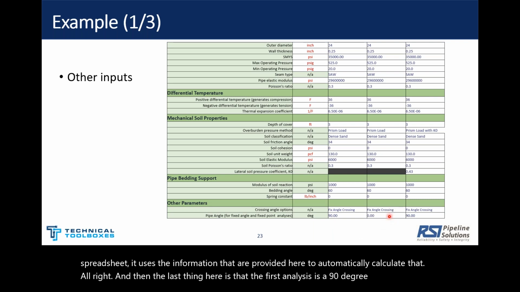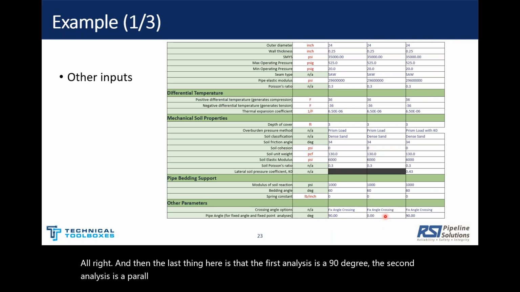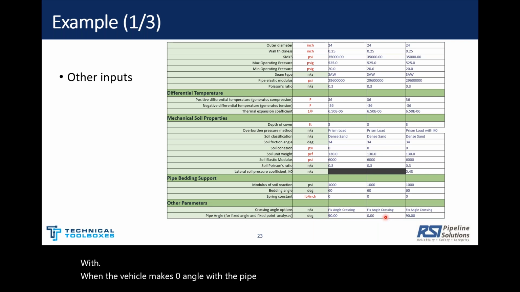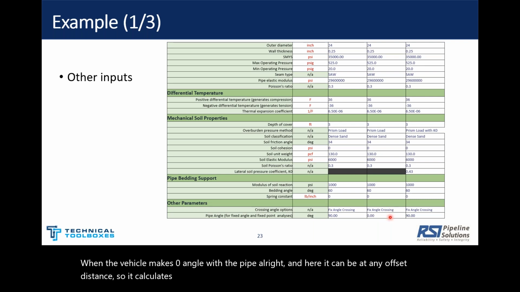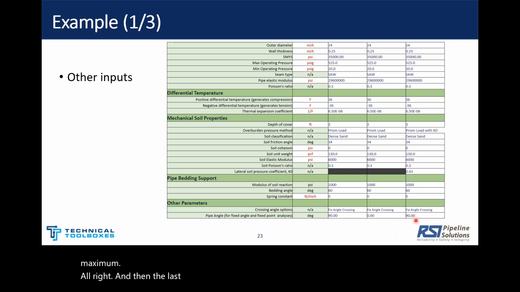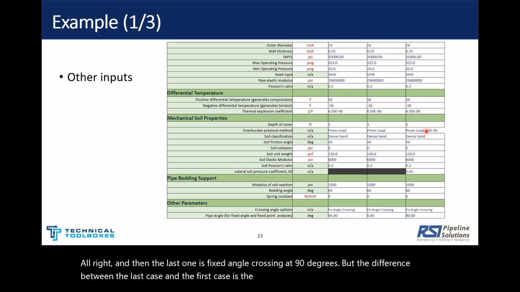The second analysis is a parallel situation where the pipeline makes a 0 angle when the vehicle makes 0 angle with the pipe. All right. And here it can be at any offset distance. So it calculates the offset distance automatically in such a way to make the stresses maximum. All right. And then the last one is fixed angle crossing at 90 degrees. But the difference between the last case and the first case is the prism load versus prism load with K naught.